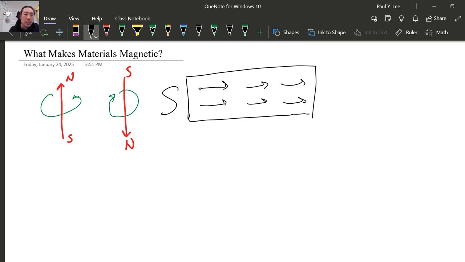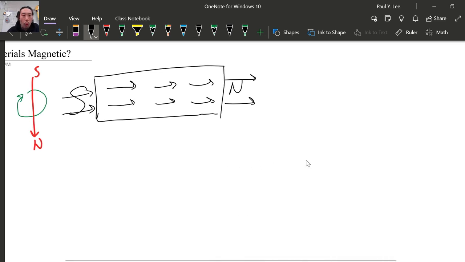Remember, the B field vectors always come into the south and out of the north. So if we were to continue it this way, it will look like this. So here we have a north side and a south side. So essentially you have a magnet. But this instance is for when the moments are all aligned.